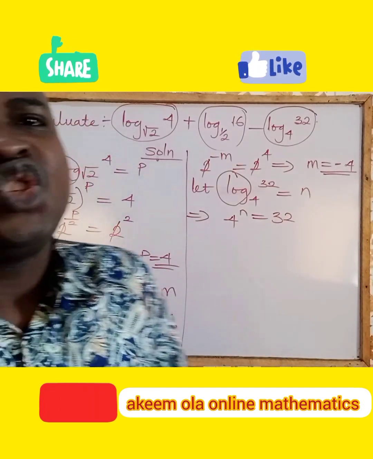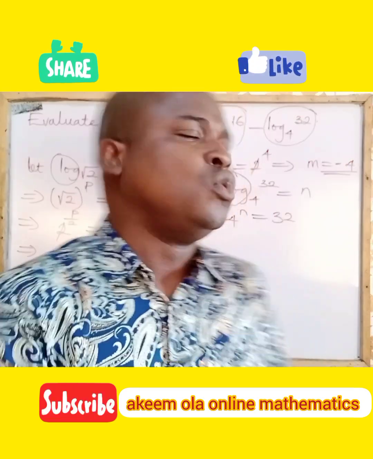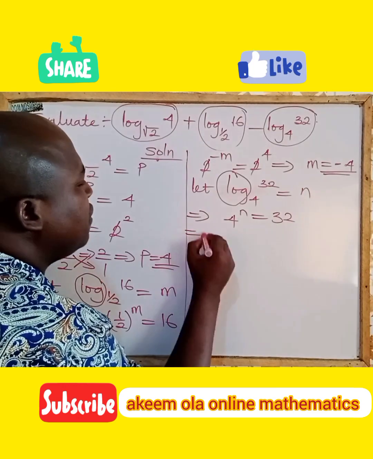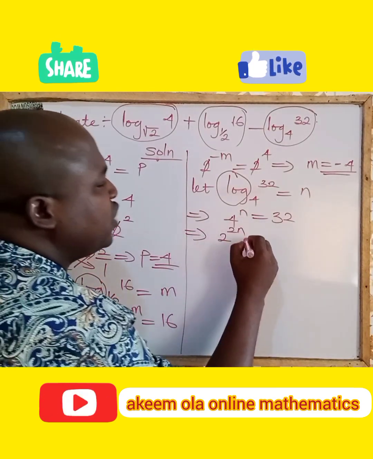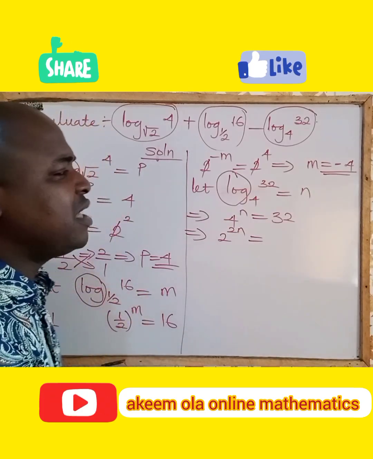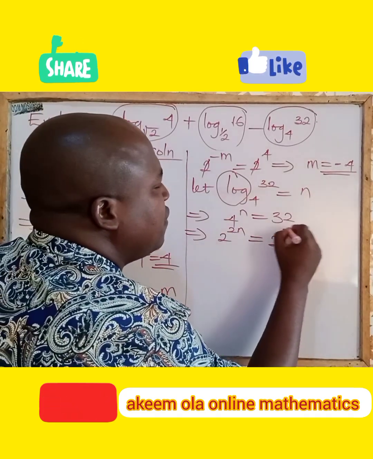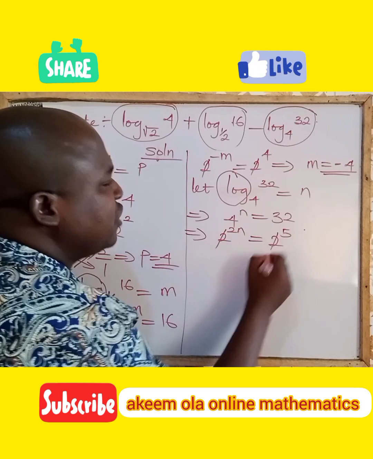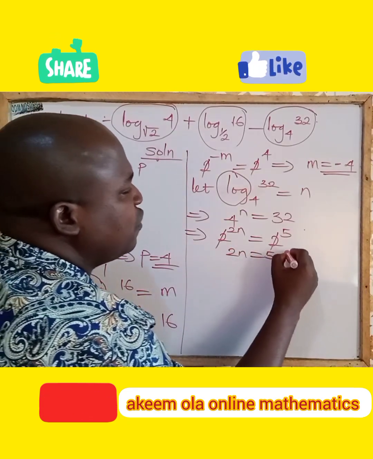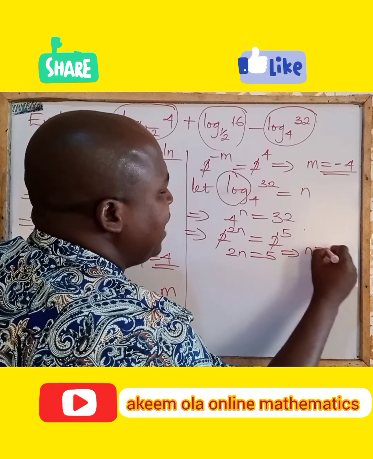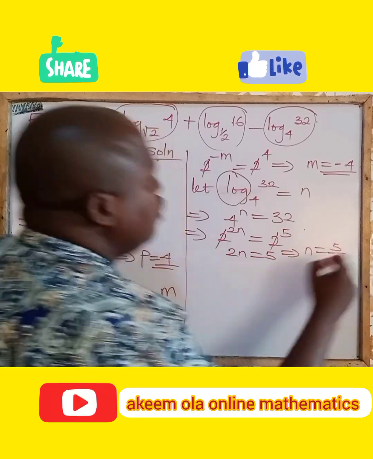Simplify 4 and 32 in terms of 2. That means my 4 is 2 times 2, which is 2 raised to power 2n, is equal to my 32, which is 2 raised to power 5. So the 2 will cancel, the base is the same. So my 2n will now be equal to 5. This implies my n will now be 5 over 2.